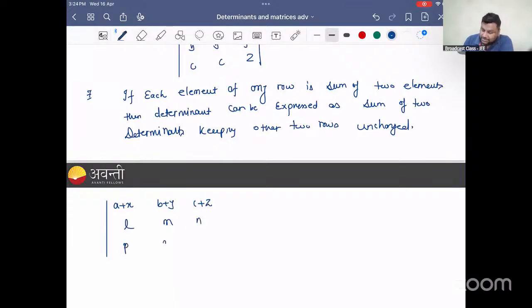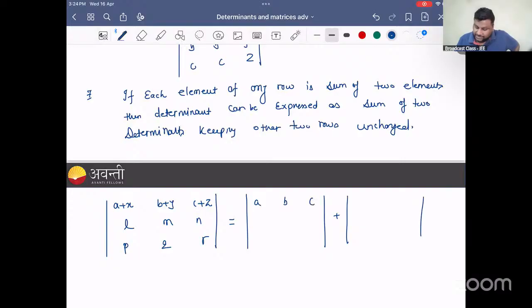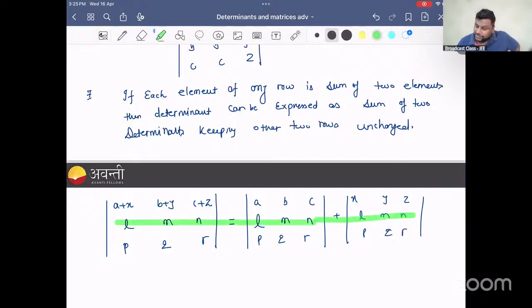So keeping two rows unchanged, you can express it as the sum of two determinants. So A, B, C, L, M, N, P, Q, R. And here also X, Y, Z, L, M, N, P, Q, R. If you realize that this row is not changed throughout, you have just split this row and made two determinants.